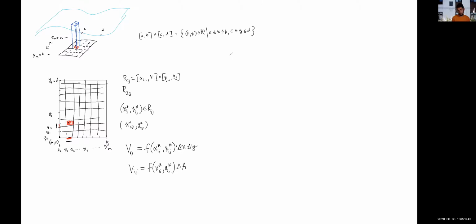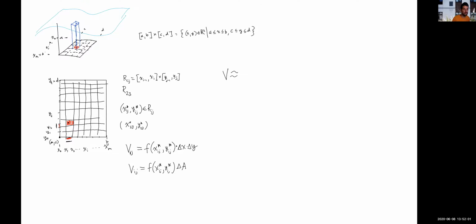So now, let's write down an expression for an approximate volume, because remember what we're trying to really do here is find the precise volume.